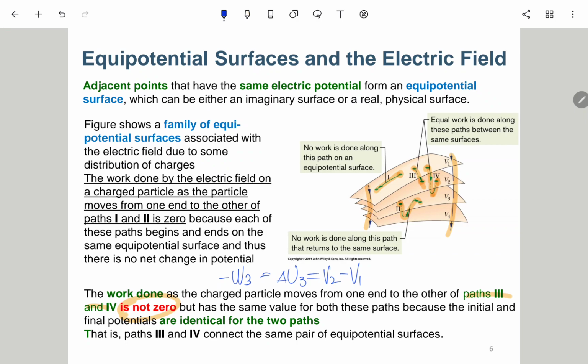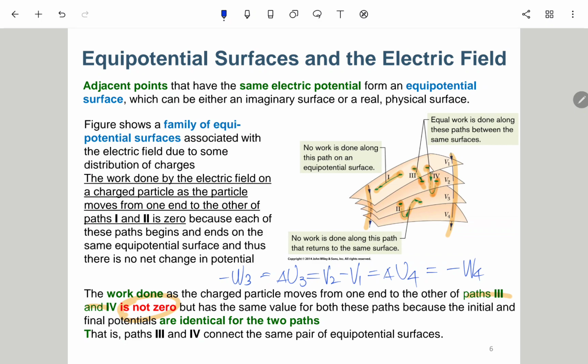So actually delta U4 should also be V2 minus V1, which is equal to negative W4. It is not zero, but it has the same value for both of these paths because the initial and final potentials are identical for the two paths.